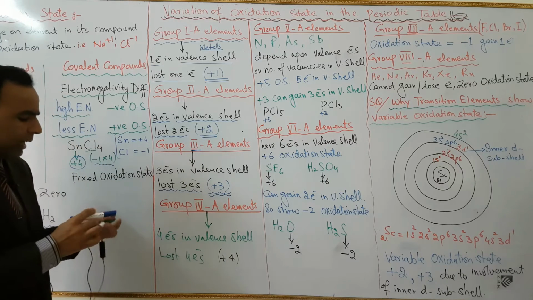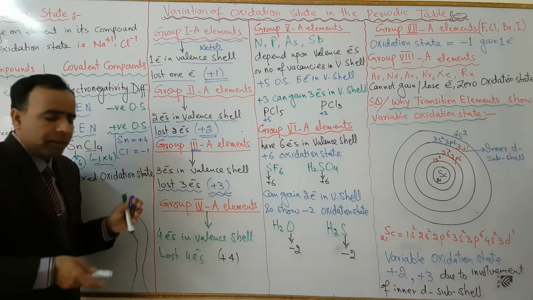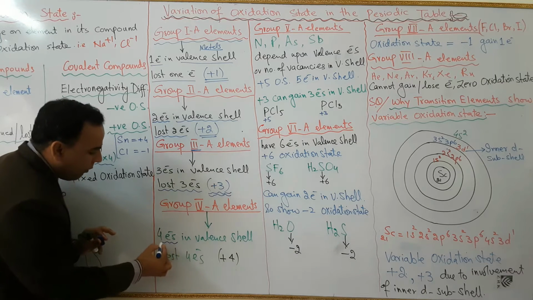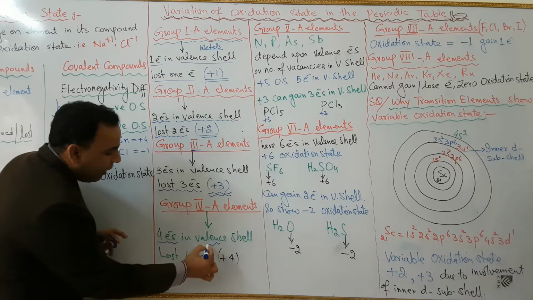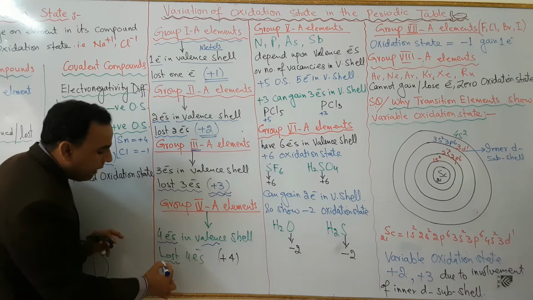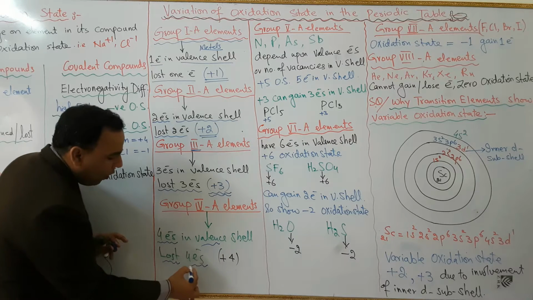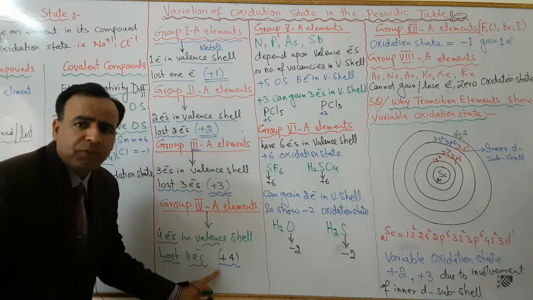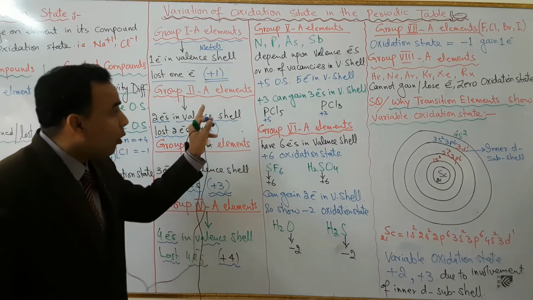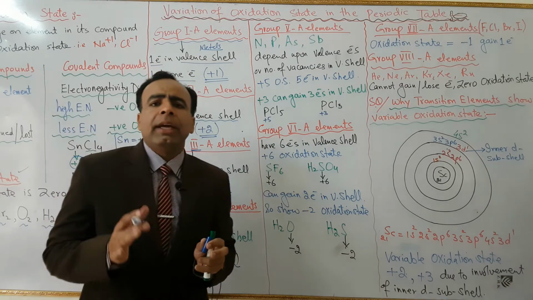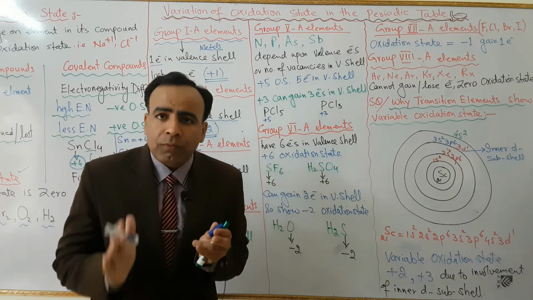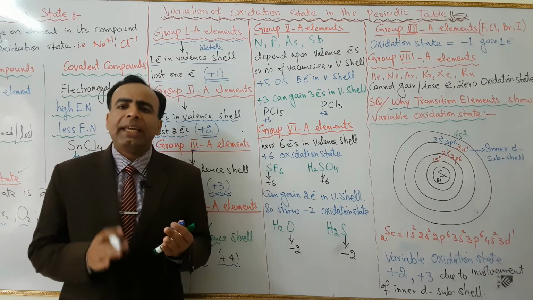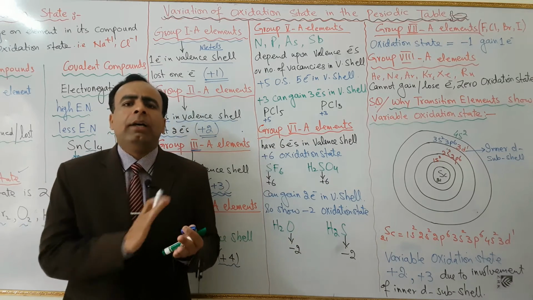Dear students, in the case of group 4A elements, they have 4 electrons in their valence shell, so they have the ability to lose 4 electrons, so their oxidation state will be +4. So what I have told you is that elements of group 1A to group 4A have oxidation state equal to their group numbers.